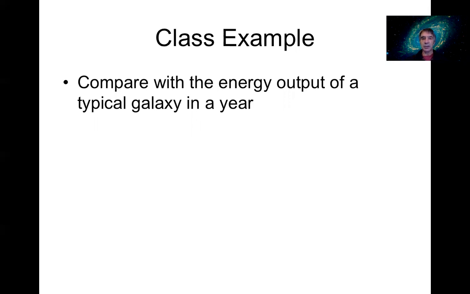So you're going to need to make some assumptions here. How many stars in a typical galaxy? I gave you that in a previous lecture. And adopt a luminosity for a typical star. And I think there's an obvious number to choose there. So have a go at that, put some numbers in, see what you get, and compare that to what we've just seen, the 10^46 joules for a supernova explosion. Okay, have a go at that, and then we'll move on.